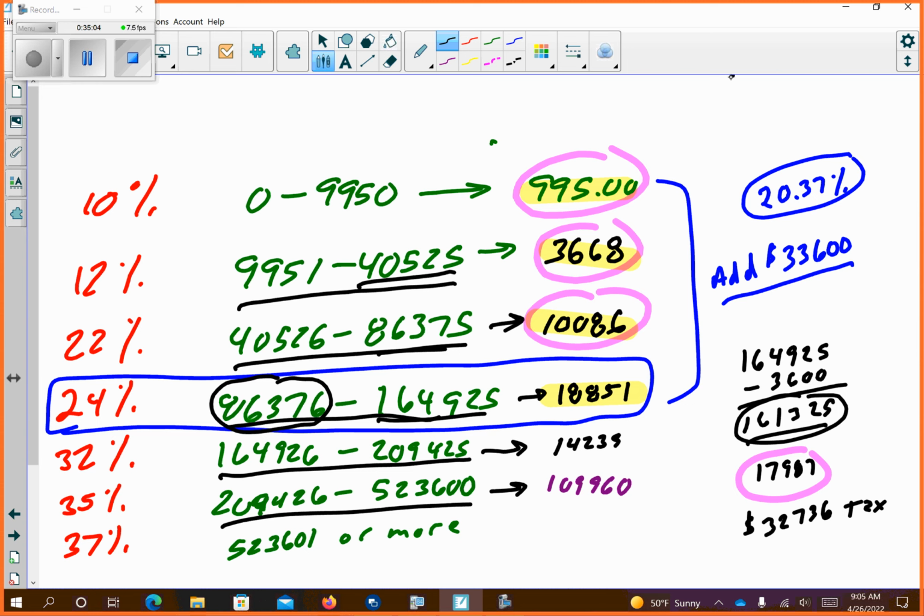So someone that said, hey, Stirrup didn't pay his fair share. He should have paid 24%, but he only paid 20.37%. Well, it's because that's how the tax table was set up. So by me taking the deduction on the health savings account, yes, there's other deductions that can take place. I'm just giving you one iteration of it.